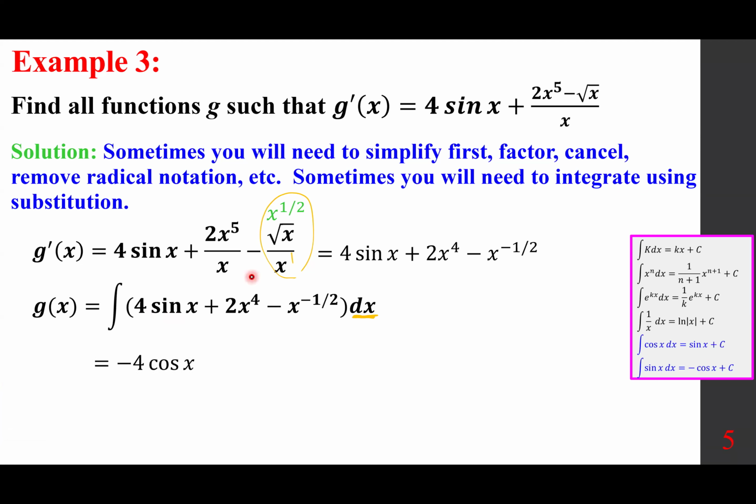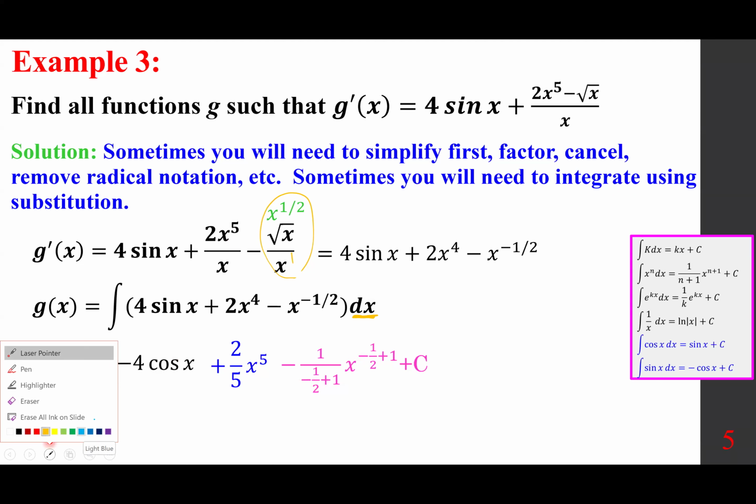Plus 2 over 5 x to the power of 5 minus 1 over negative 1/2 plus 1 x to the power of negative 1/2 plus 1 and a constant. And again, this is the only calculus step. Everything else was algebra, and so is the next step. So we are going to look at this one and change it accordingly.